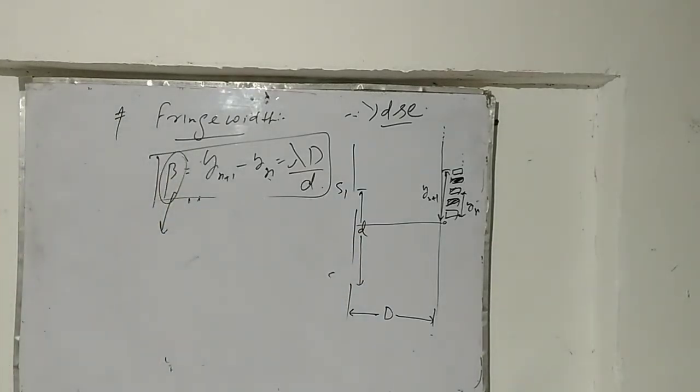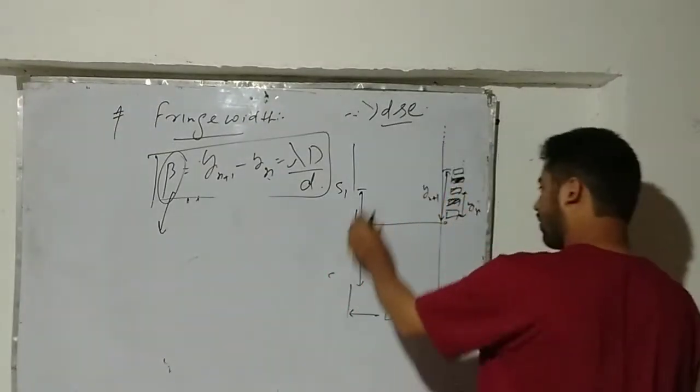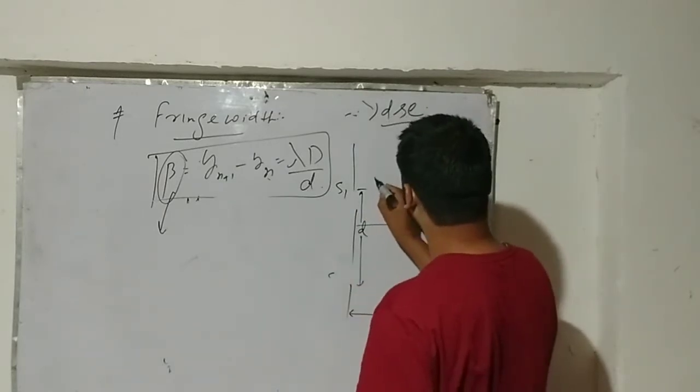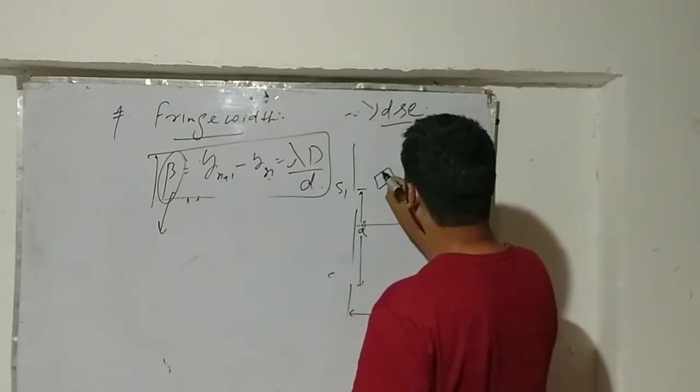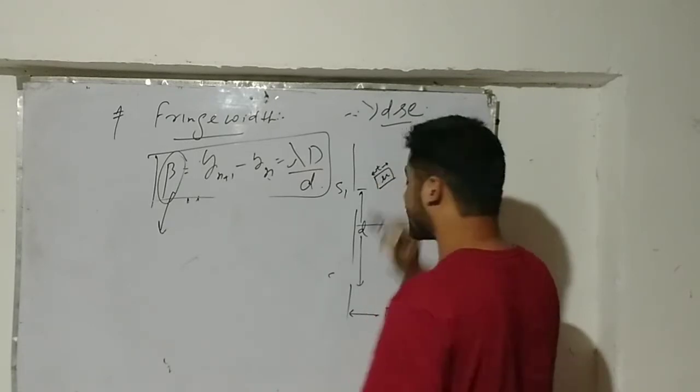Number one. Number two is like that. If I place a slab here in front of one of the slits, and it is given that the slab has a thickness T and a refractive index of mu.